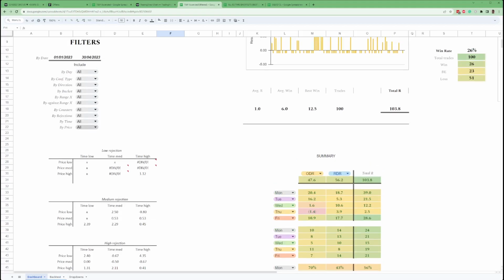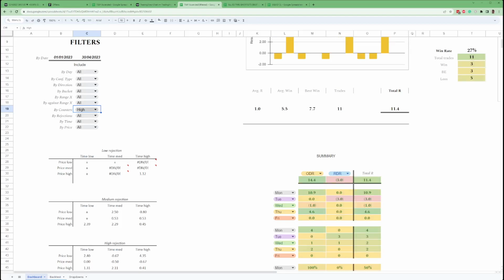Because I actually also found out that once you have a very high price and time alignment and the B grade, and also these very high counters, then it doesn't really matter too much.